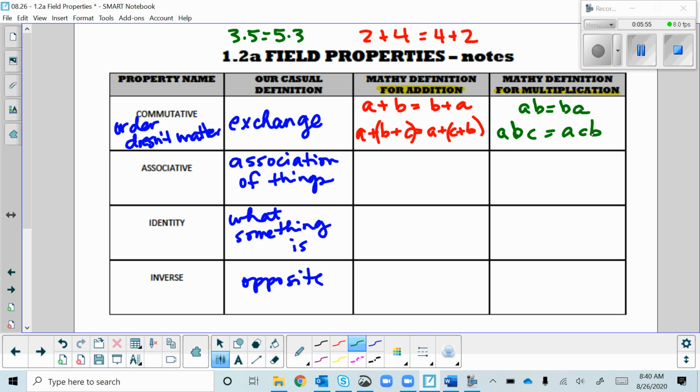Now for the associative property, which is our next one, what's happening there is that the grouping doesn't matter. And one way I like to help students remember that associative means grouping is, think about a friend group, that are my closest friends.